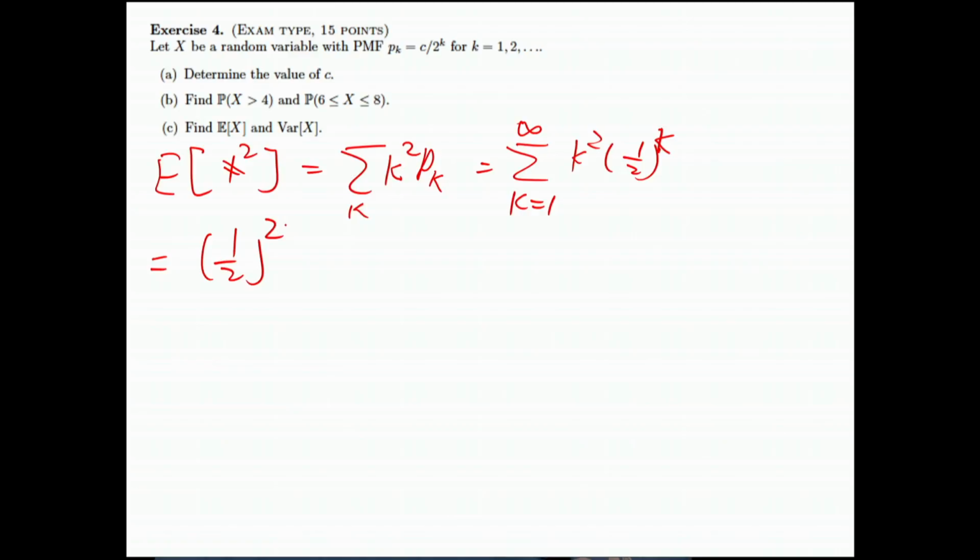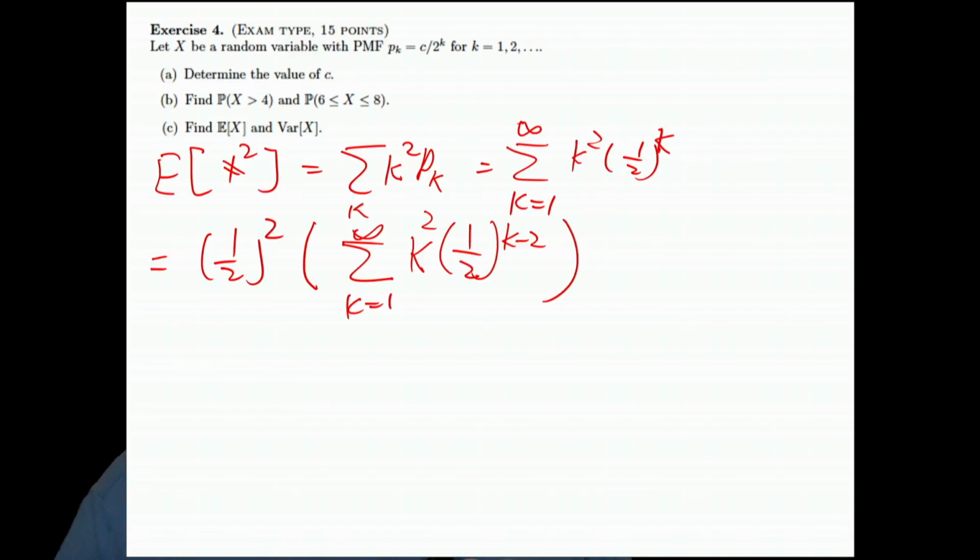Take this outside. Then we have summation k from 1 to infinity, k squared times 1 over 2 to the k minus 2. And here, this one is 1 over 4.